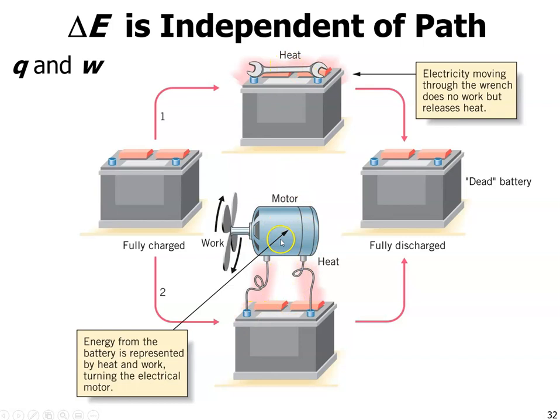And then obviously if you have a motor, for example, that's what we're always fighting with in terms of efficiency. You want this all to do work and release very little heat, but there is always going to be some heat that's released. One of the differences between traditional light bulbs and some of the more LED bulbs that we have nowadays is that those release a lot less heat. They're a lot more efficient.